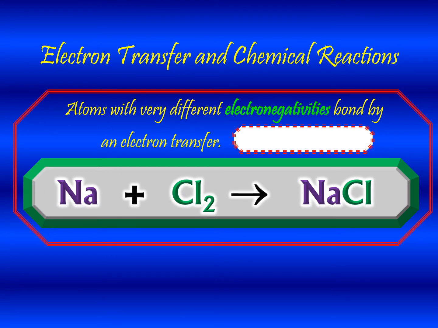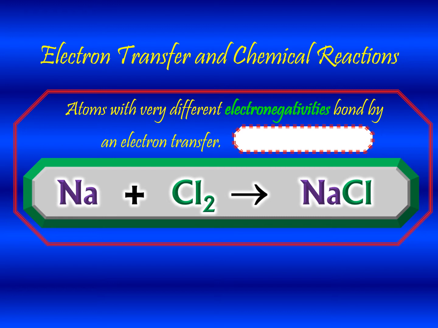An obvious example of this, although honestly not always the way that this compound forms, is a simple reaction between sodium and chlorine. Sodium and chlorine have vastly different electronegativities.